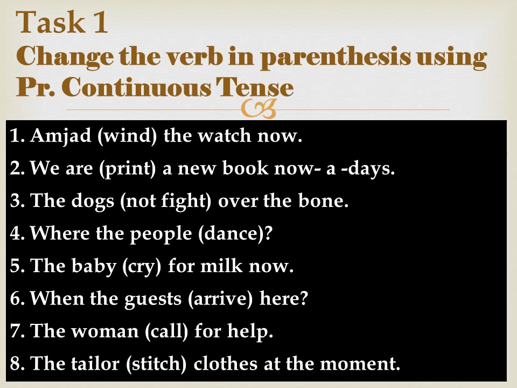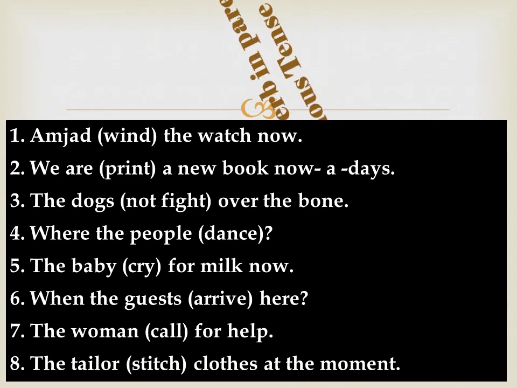You are supposed to do this task the way you did it in present indefinite tense. Here are 8 sentences given and each sentence contains a verb in bracket. You are supposed to change that verb using present continuous tense. The task 2.